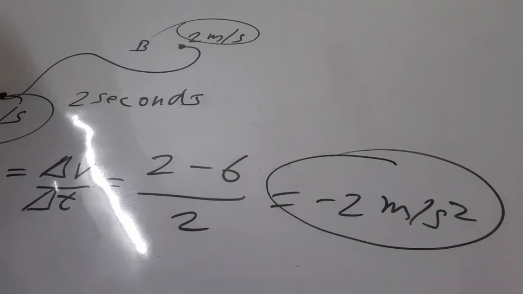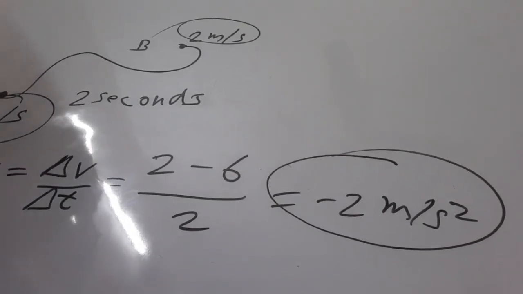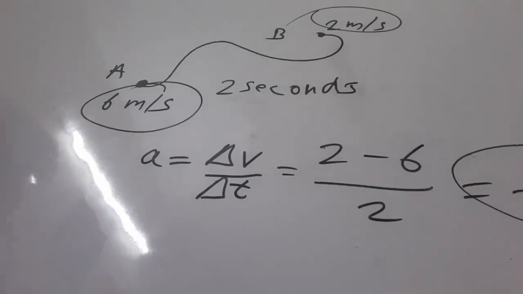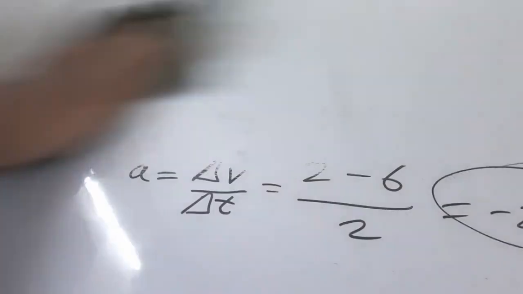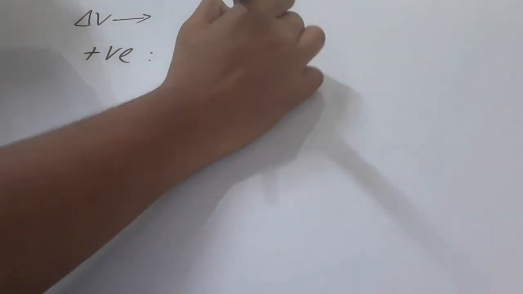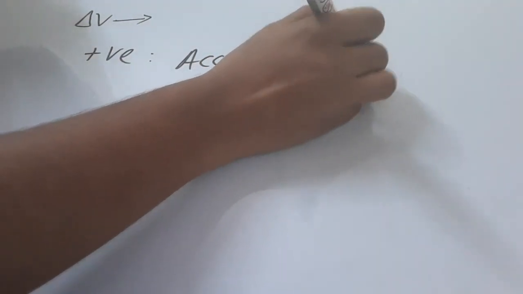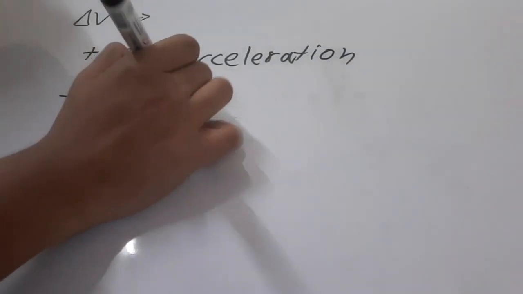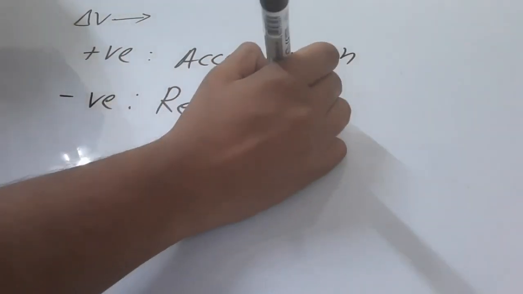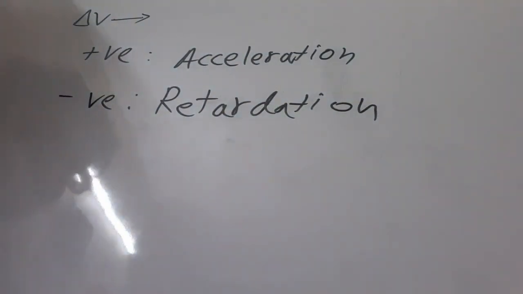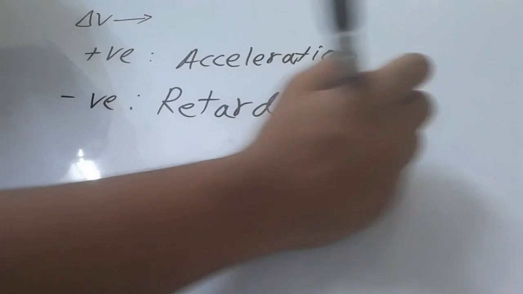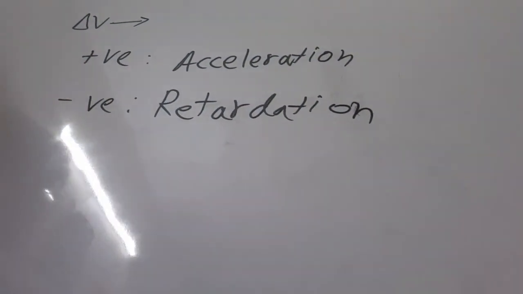In this case, the acceleration is negative. So let me write it: when change in velocity is positive, then it is called acceleration. And when change in velocity is negative, it is called retardation. So in the previous example, my acceleration came out to be minus 2.